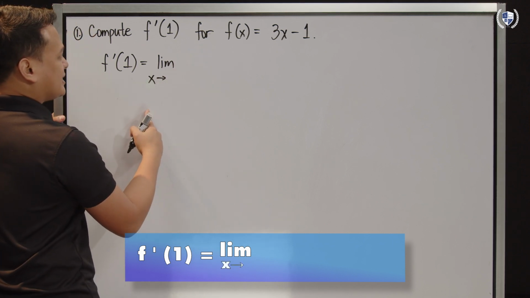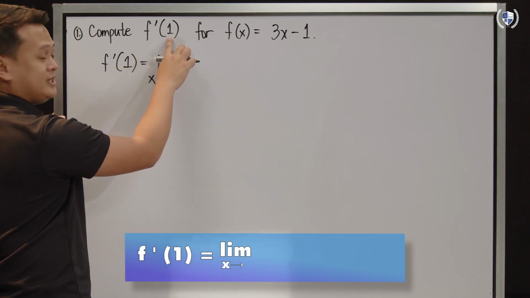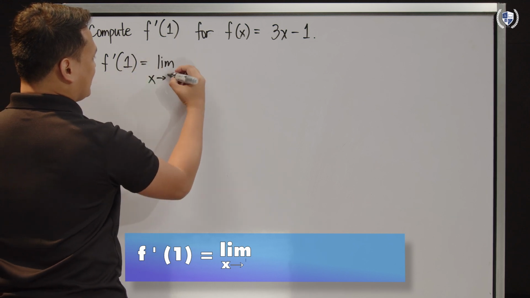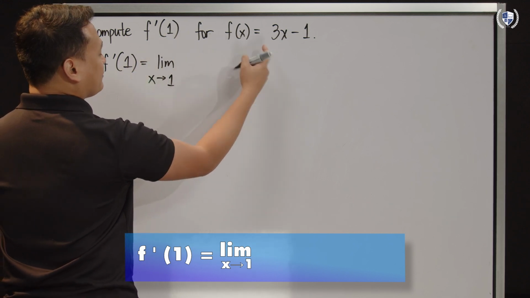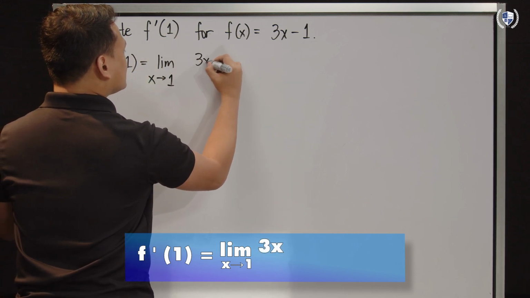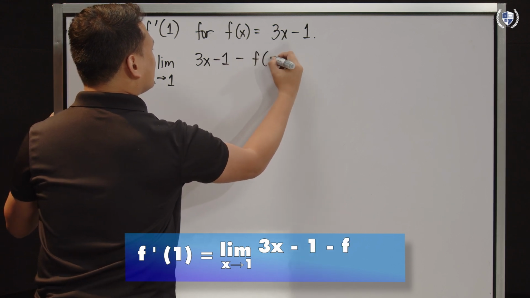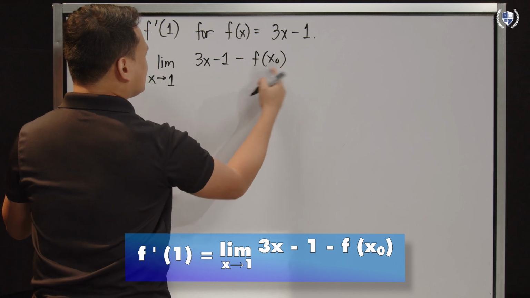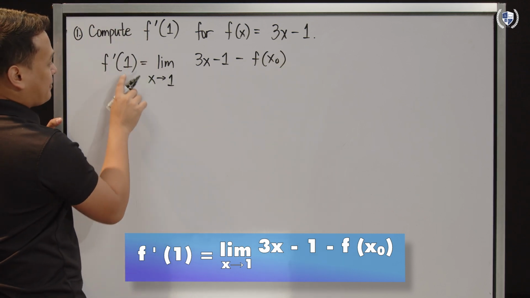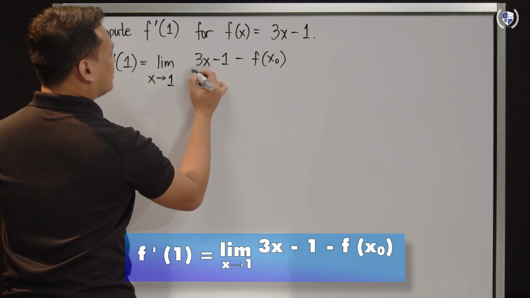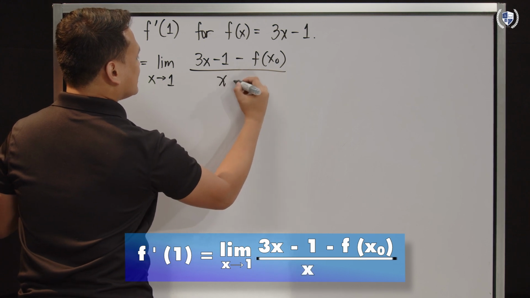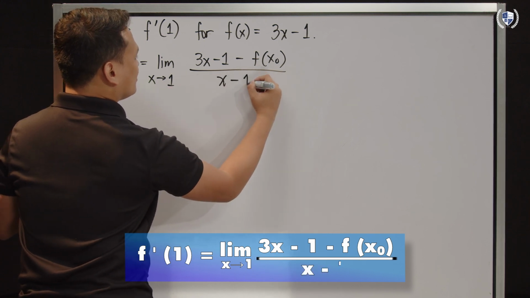Ano yung x naught natin? Siyempre, kung ano yung value ng x na binigay dito. Since that is 1, lalagyan natin ng 1 dito. Our f of x is 3x minus 1 minus f of x naught. Siyempre, hindi pa natin alam yan. This is the value of y na kapartner ni 1 dito. All over x minus your x naught is 1.